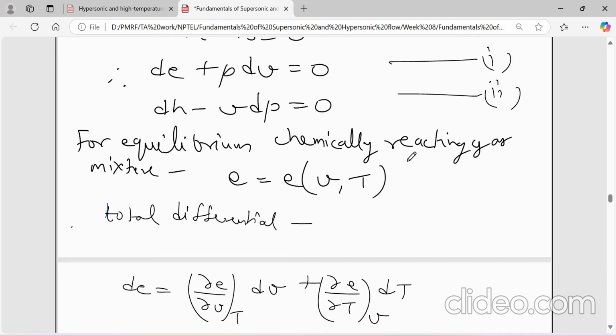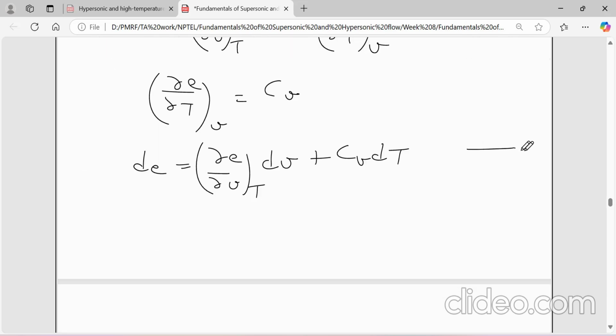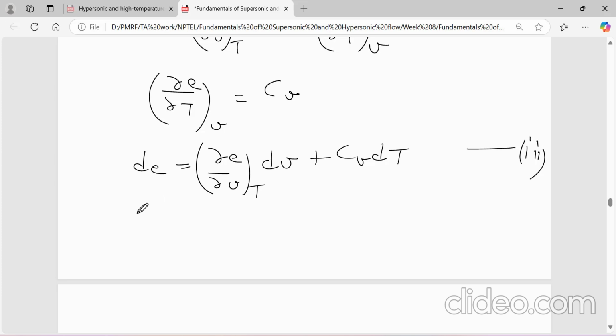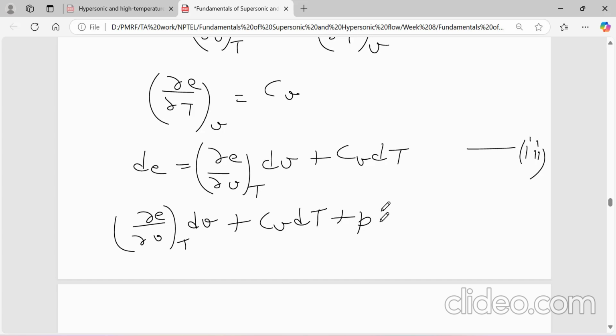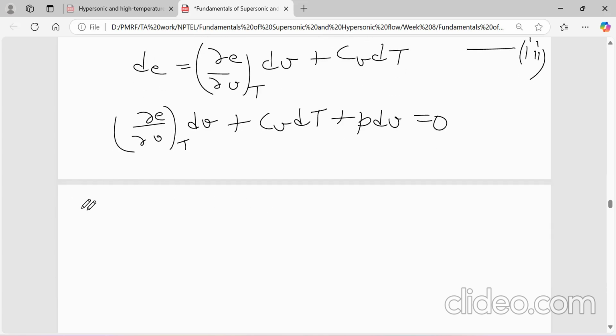So if you substitute equation 3 in equation 1, we get dou E upon dou V at constant temperature dV plus Cv dT plus PdV equals 0.